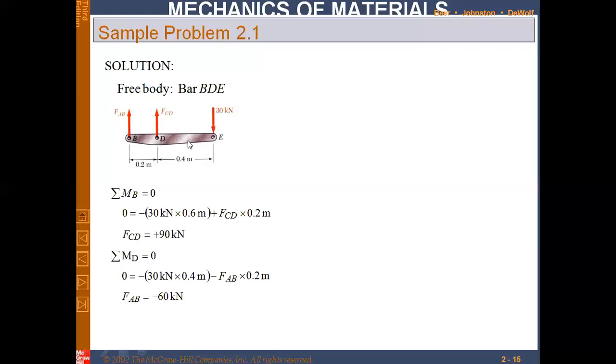The system is in equilibrium, so we could apply the first condition of equilibrium and the second condition of equilibrium. The second condition of equilibrium is that the summation of all moments must be equal to 0. So I'm taking the summation of all moments at point B equal to 0.